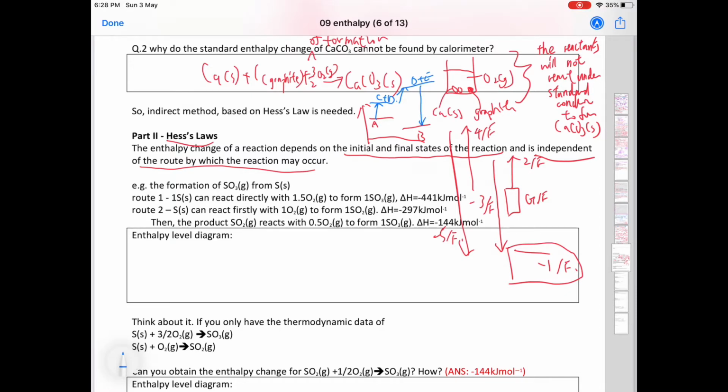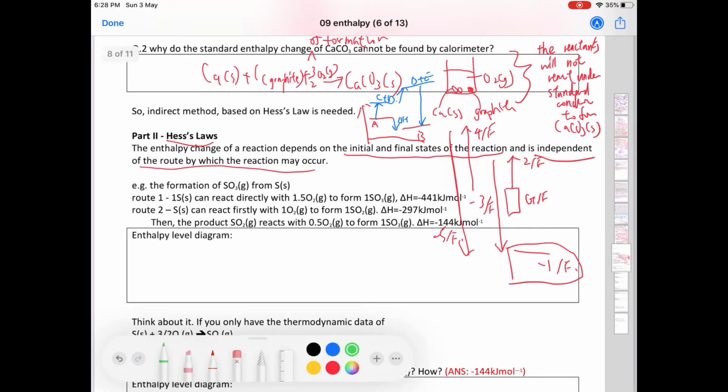When you are considering the enthalpy change between these two states, A and B, of course the gap in between is the delta H. It should be independent of the route you choose, and you can have another pathway.